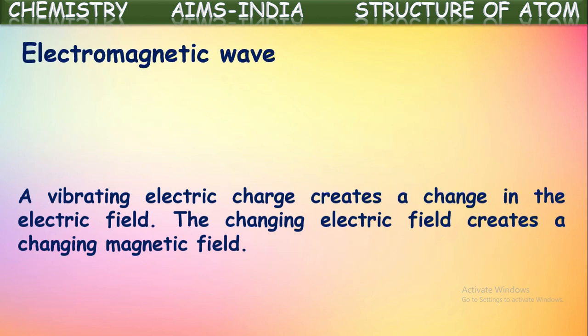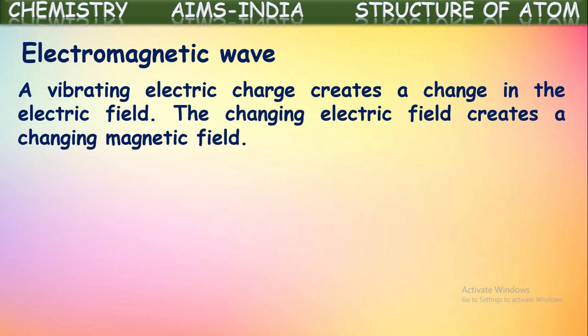So what are these electromagnetic waves? Let us see here. A vibrating electric charge creates a change in the electric field. Yes, when the electric charge is vibrating, it creates some changes in the electric field.